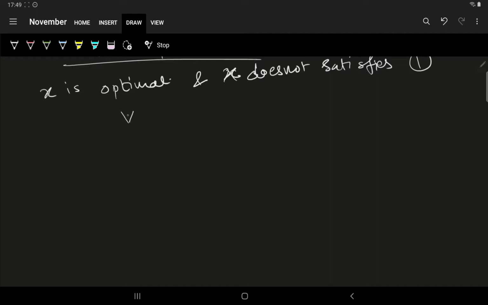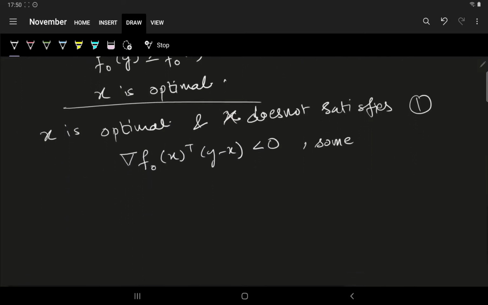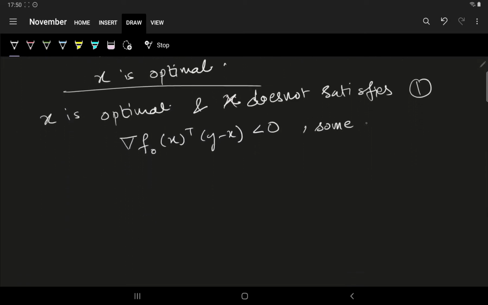So it means that del of f naught of x into y minus x is less than 0 for some y belonging to X. For some, not all, because even if it does not hold for some of the y's, this condition is not fulfilled for some y belonging to X.